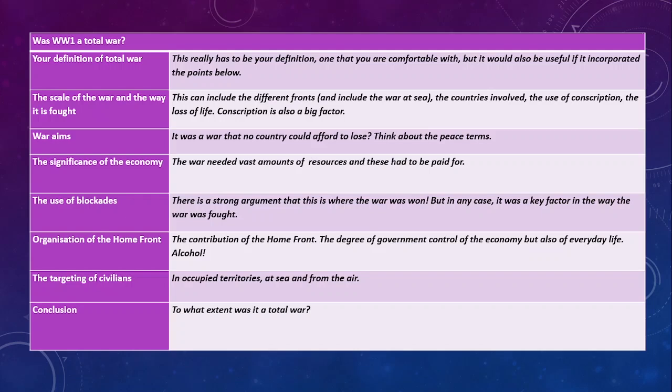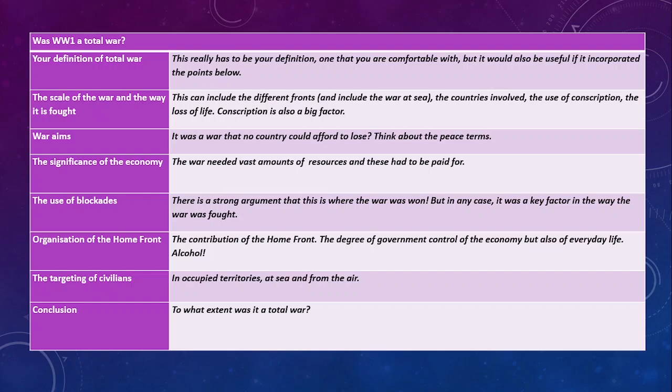The number of belligerent countries, the size of the armies, the number of fronts being fought over, the war at sea, and too, the number of casualties. The way in which the war is fought is also a factor.